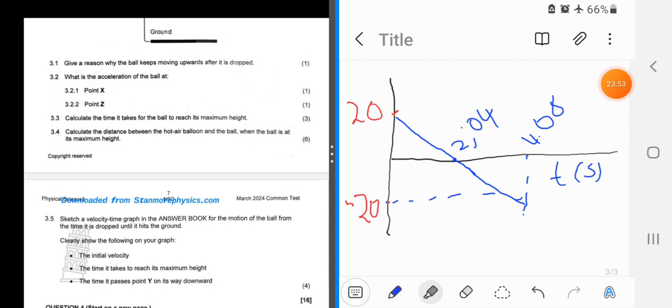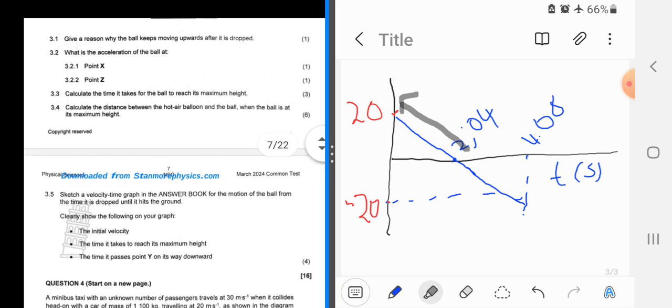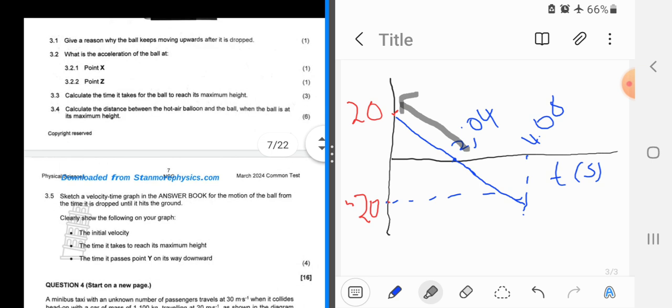So guys, from here to here, going in this direction, we are starting at, let's sketch a velocity time graph in the answer book for the motion of the ball.